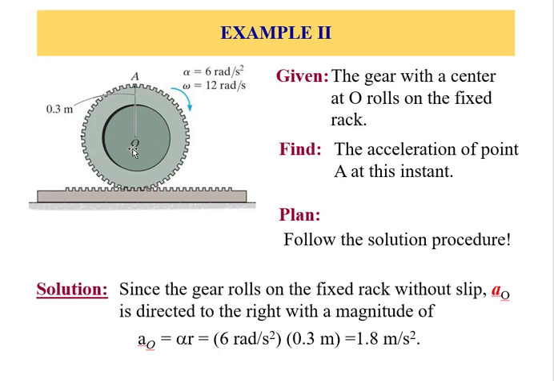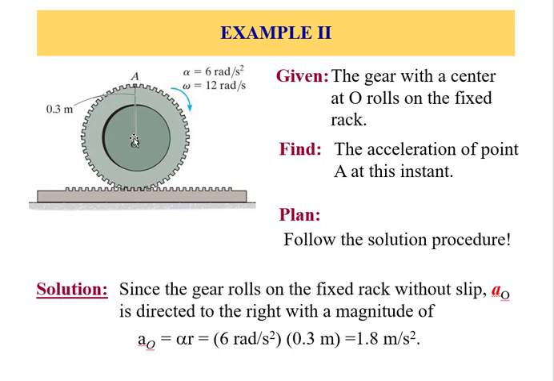AO from previous discussion is simply equal to alpha, which is negative 6k, cross r, where r is going to be across j, which is the distance from here to here, which is 0.3 j.